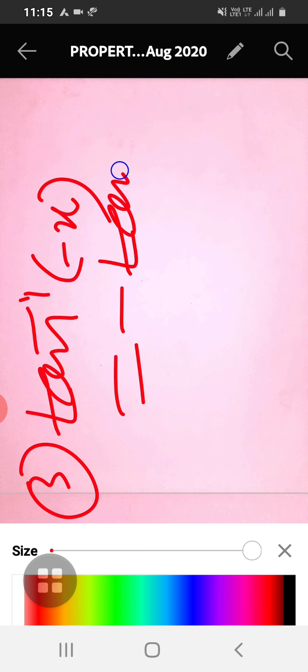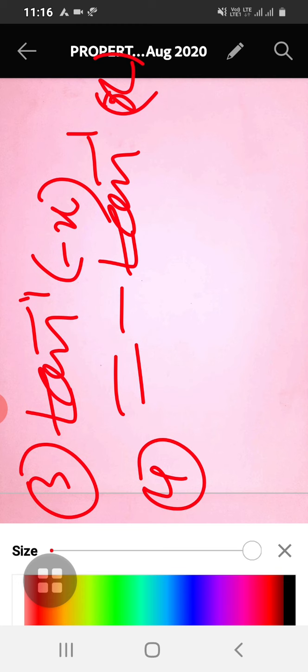Then the third one is tan inverse of minus x is equal to minus tan inverse x.